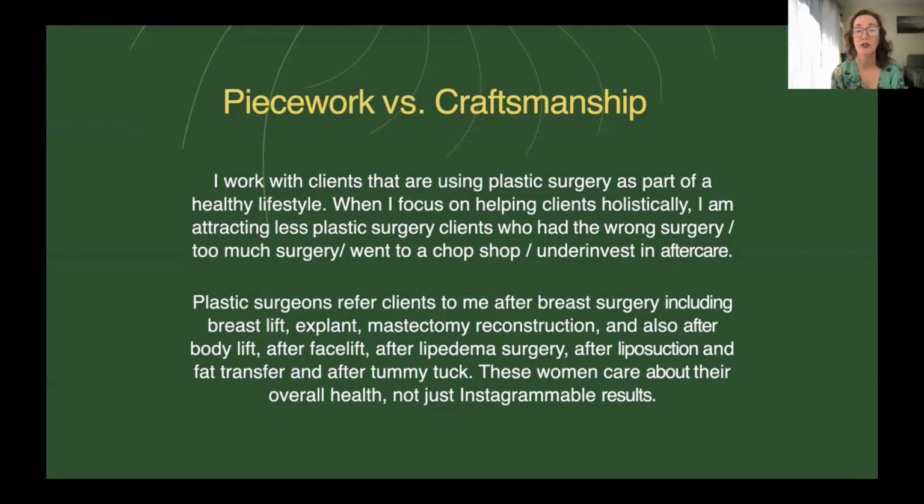And plastic surgeons, they refer clients to me after breast surgery, including breast lift, explant, mastectomy, reconstruction, and also after body lift, after facelift, after lipedema surgery, liposuction and fat transfer surgery, and after tummy tuck. And the women that come to me, and it's people of all genders, but primarily women, these women care about their overall health and not just the results that they can post on Instagram.